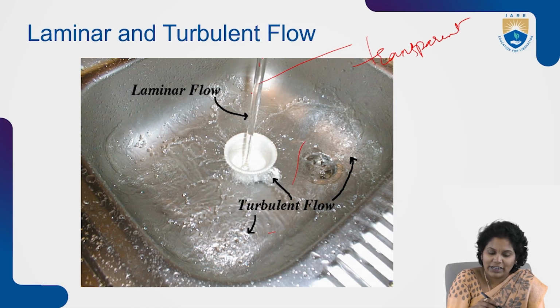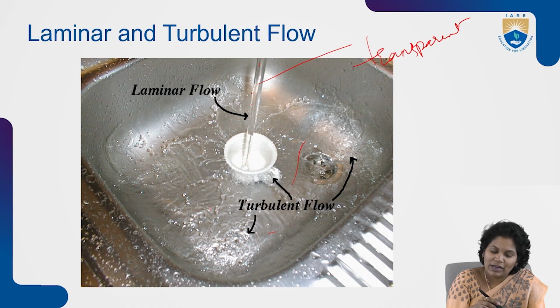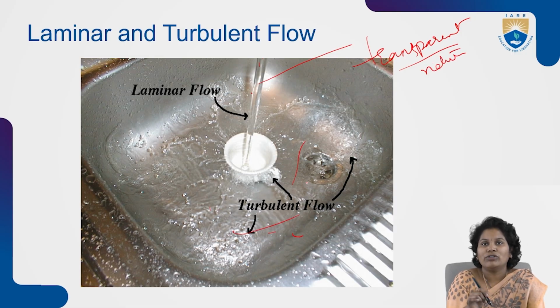So see, we are seeing clearly that all the particles are moving in very well defined paths, in particular streamlines, a particular path with respect to the laminar layers, right? So this is the transparent nature of laminar flow. Here we are seeing complete disturbance in turbulent flow.